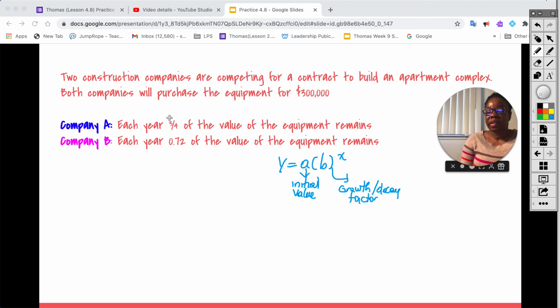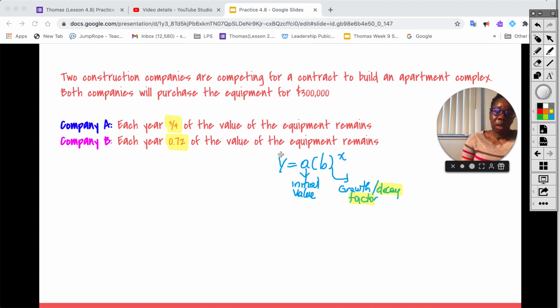In this case, both of the numbers that we are seeing associated with A and B are values that are less than 1, so we know we are going to be referring to decay factor.